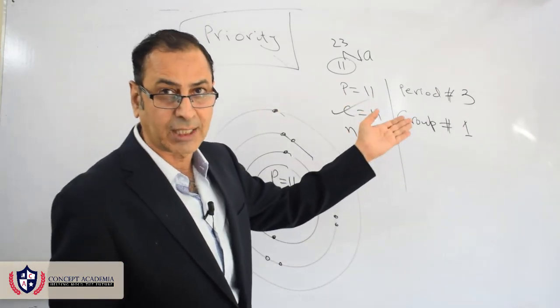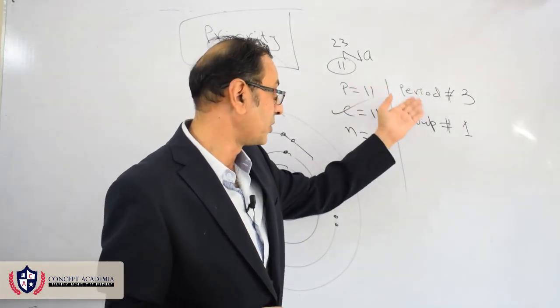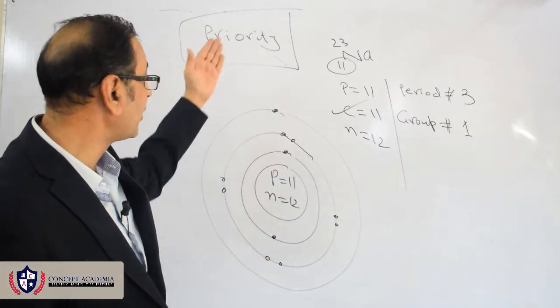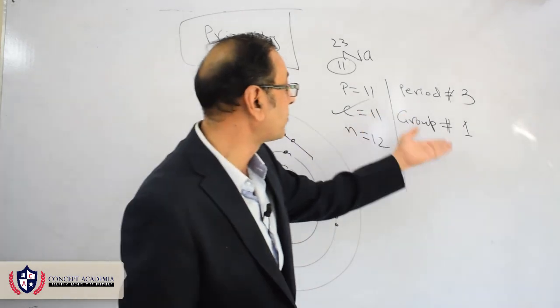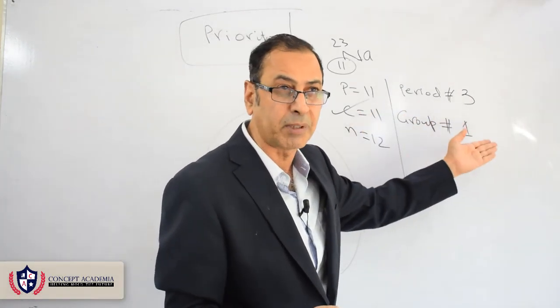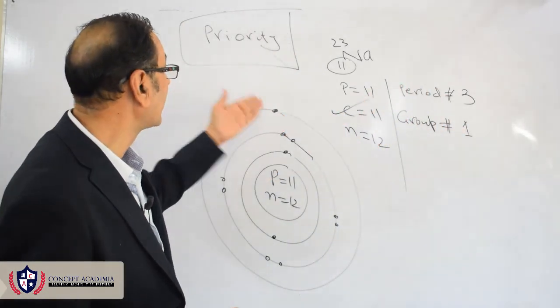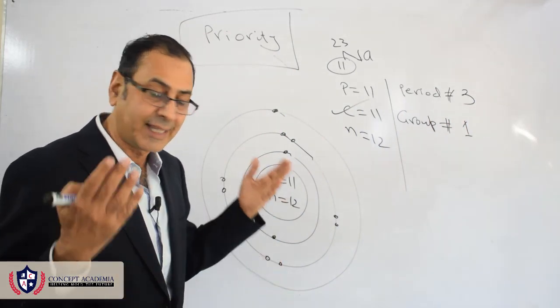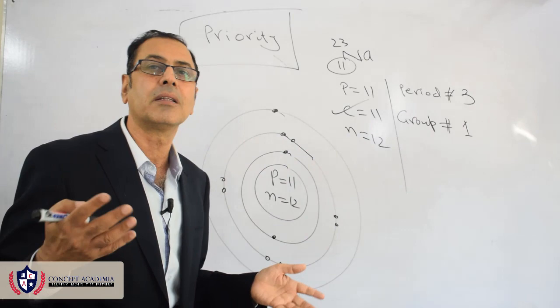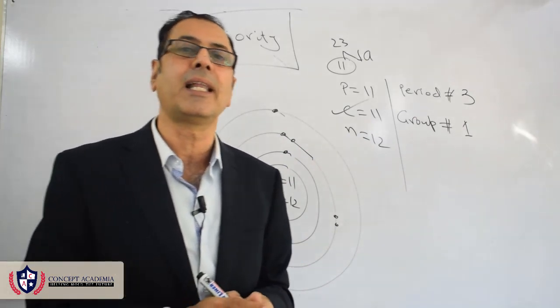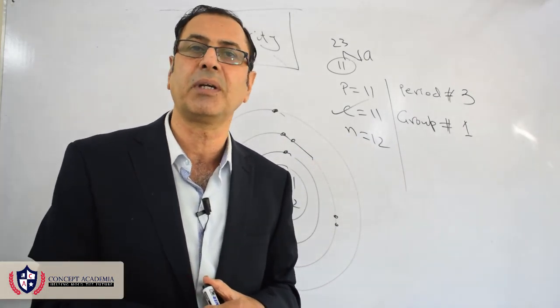So in the case of sodium, the number of shells is 3, so we draw 3 shells, and the second priority will be given to the group number. It is only group number 1, so there must be 1 electron in the last shell, and then you start from the first shell and the second shell, and in this way we can make the electronic configuration without making a mistake.